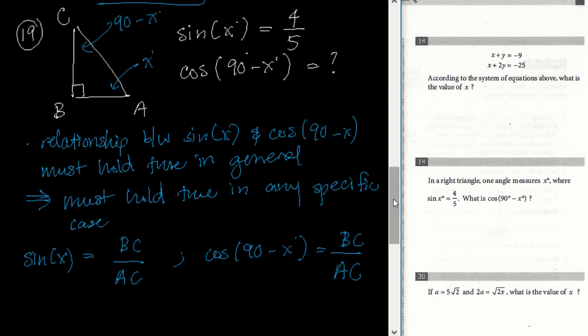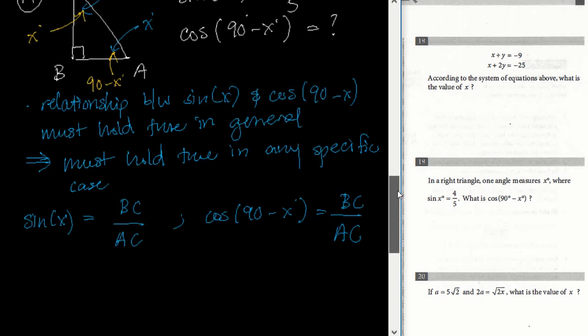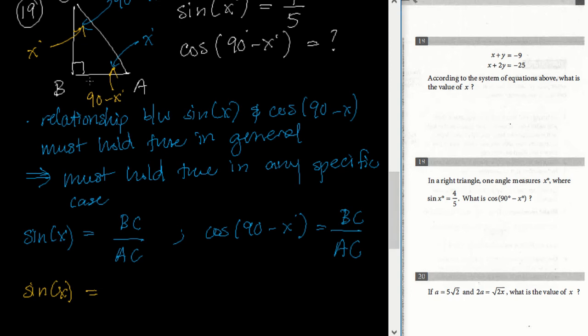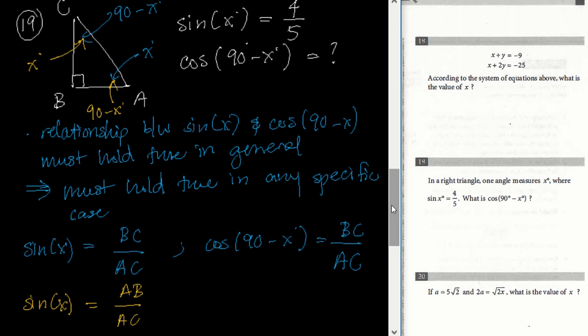And if I had told you instead, let's assign this angle to be x degrees and this angle to be 90 minus x, well, what would have happened? In this case, sine of x would have been AB over AC, opposite over hypotenuse.